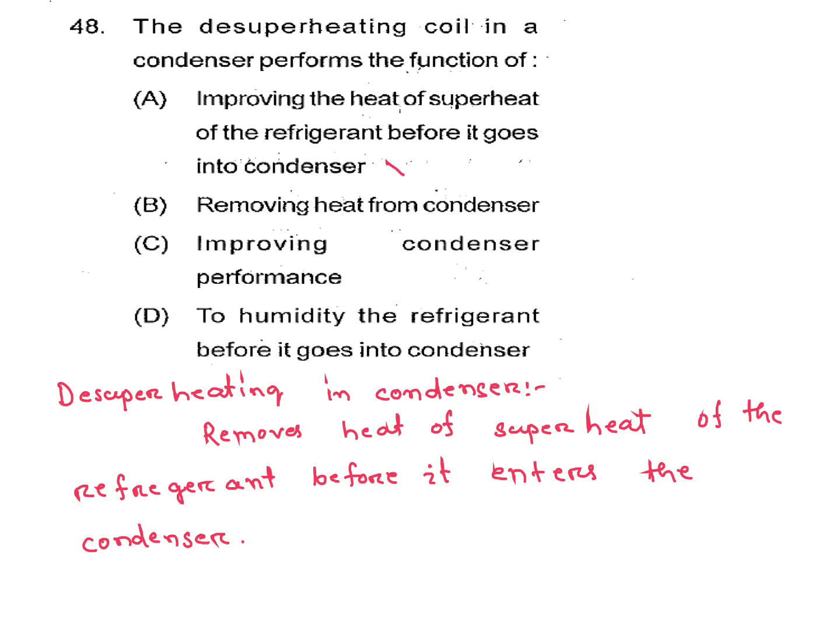So this is not possible. Removing heat from condenser, this is also not possible. Improving condenser performance. To humidify the refrigerant before it goes to condenser, not possible. C is the possible answer.